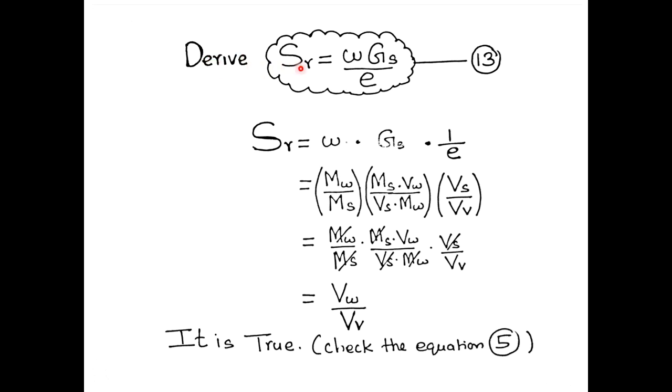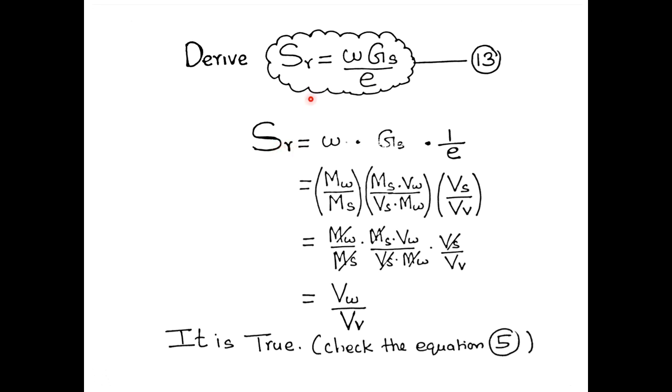Derive SR is equal to W Gs over E, equation number 13. Derive this equation. That is, degree of saturation is equal to water content into specific gravity over void ratio. How to derive?